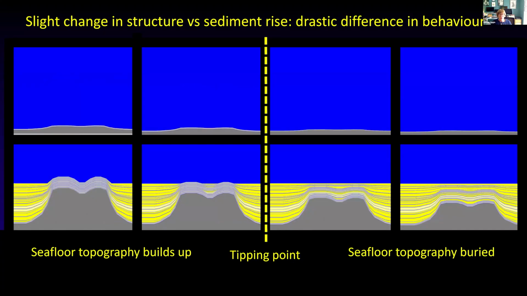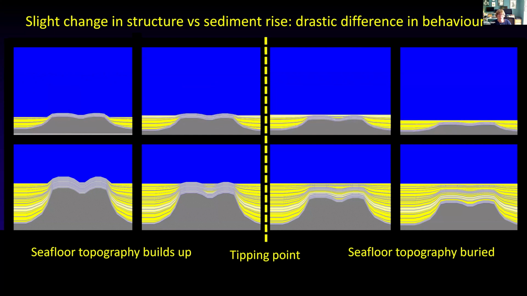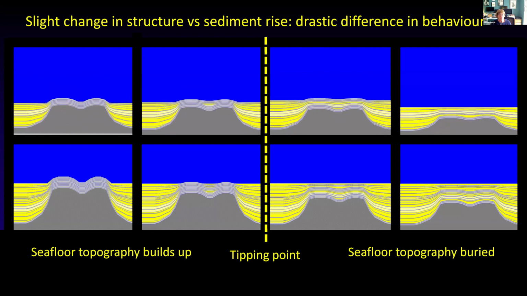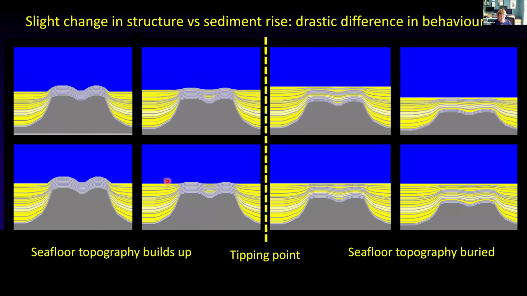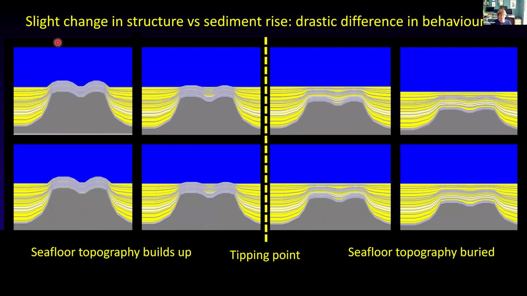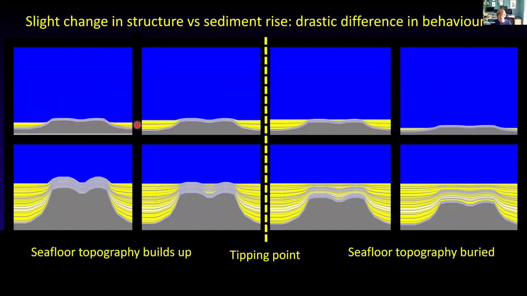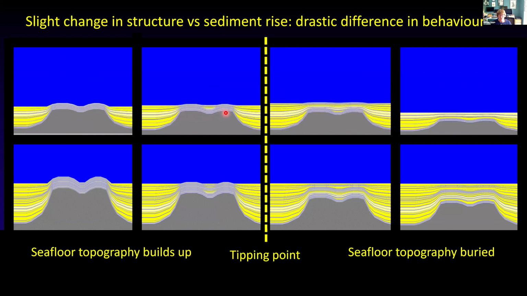So where you have a relatively low sediment flux, the surface topography builds relatively slowly relative to the structural topography. And what you do in these left-hand examples here is maintain structural bathymetry all the way through the succession. But as you increase sediment flux, then the structural relief becomes subdued.